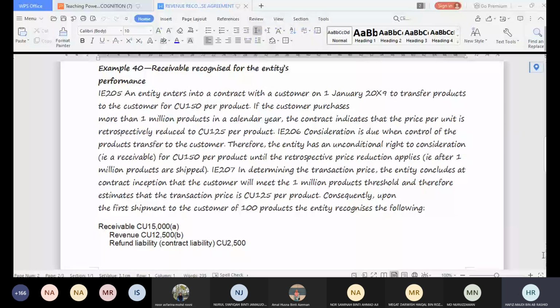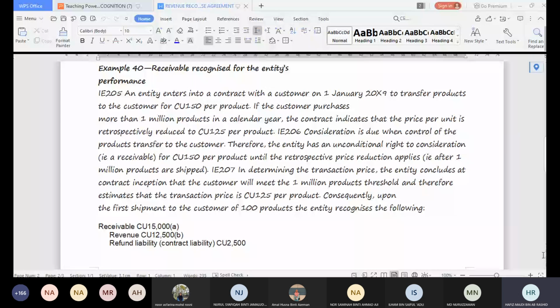For example, when the first shipment to the customer is 100 products, the entity needs to recognize a receivable. They still recognize it at 150, because that is their right until the price reduction is given.